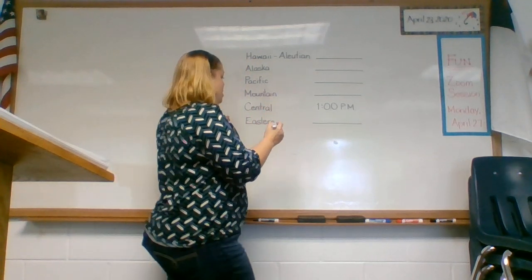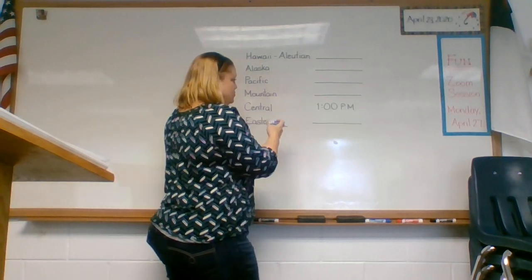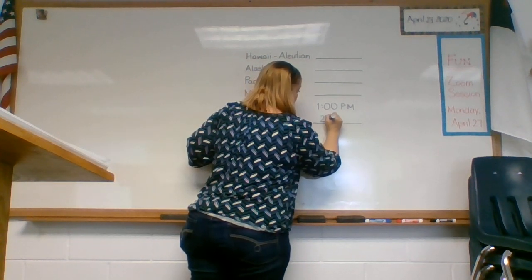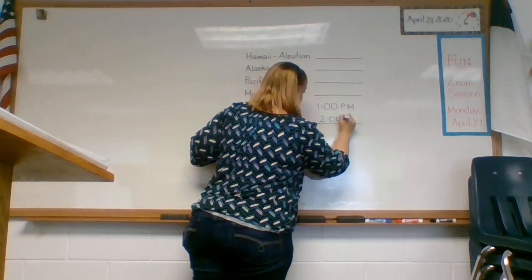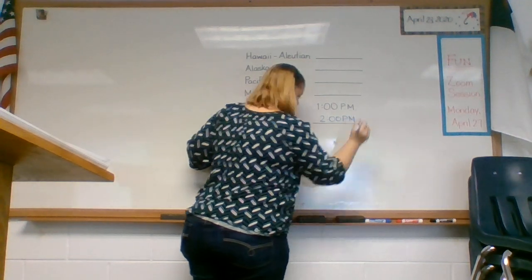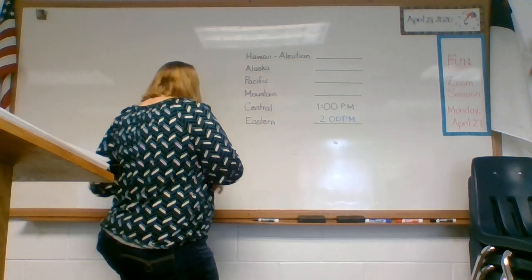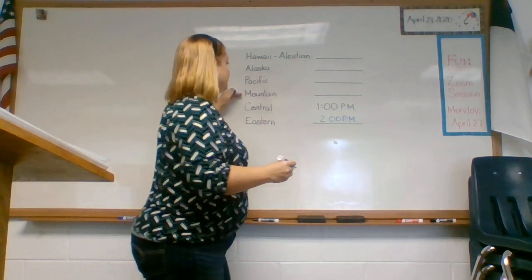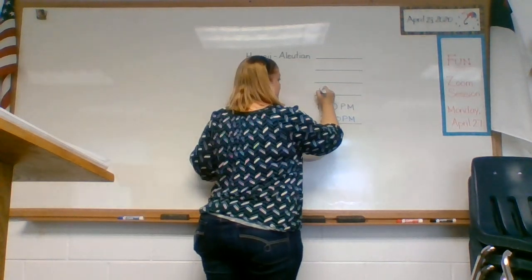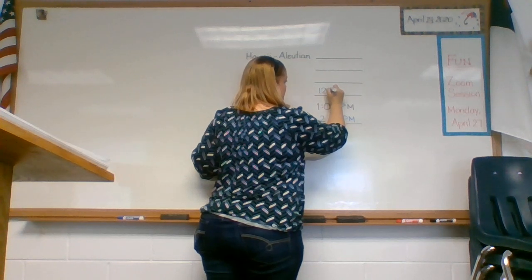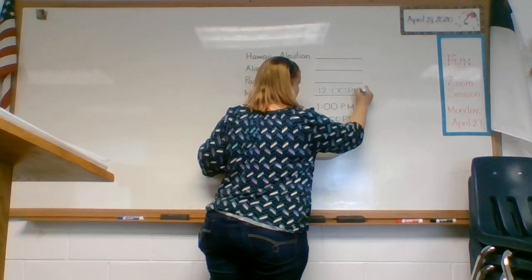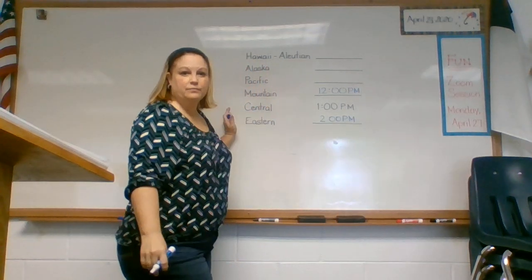All right, we know that if we're going to the east, we're going to be moving ahead an hour. So hopefully you remember that this would be 2 o'clock p.m. As we go back, Mountain time, you should recognize that that would be 12 o'clock p.m., right?